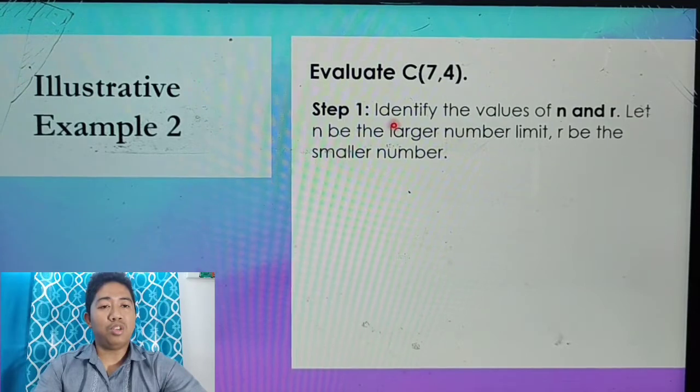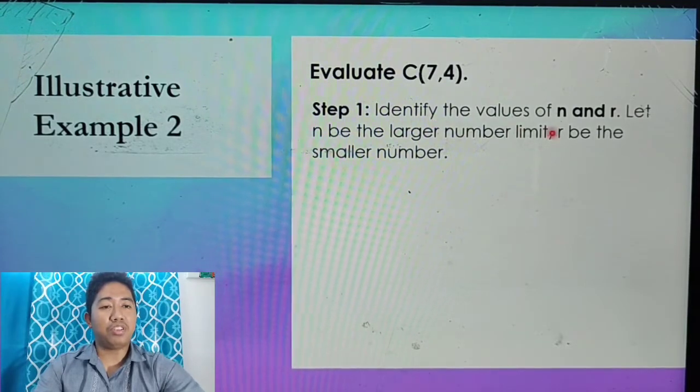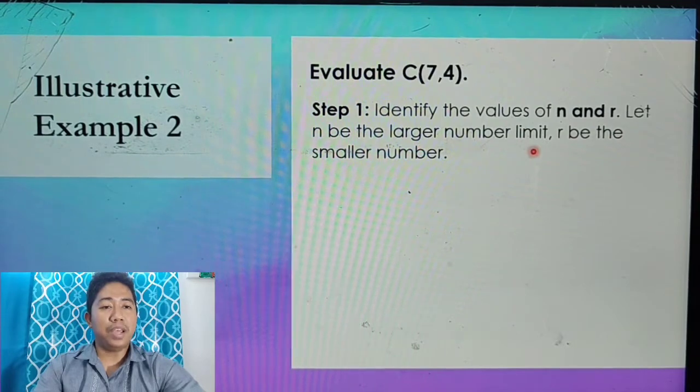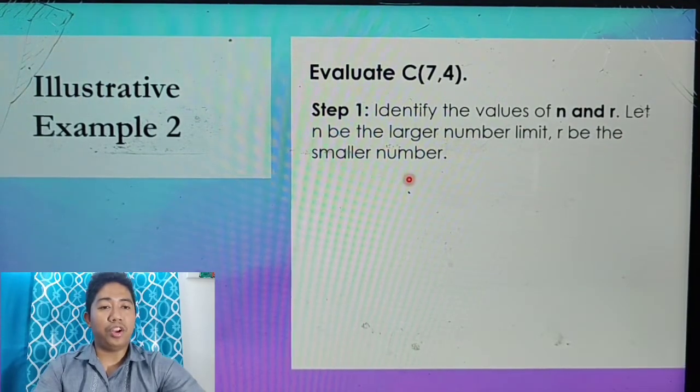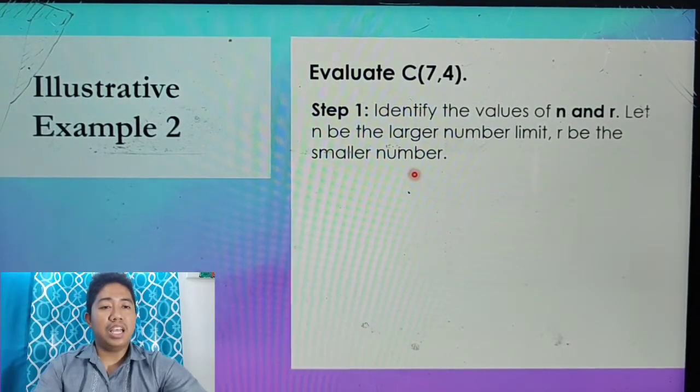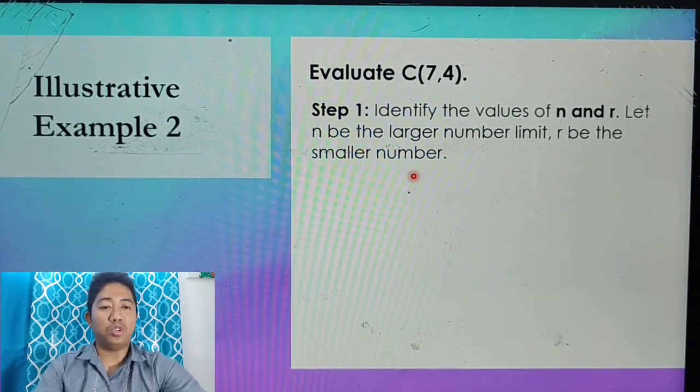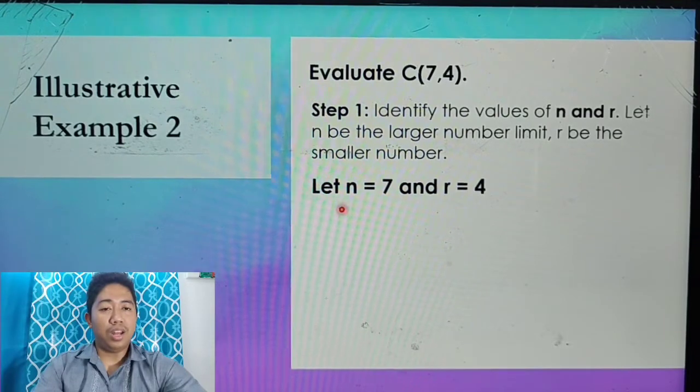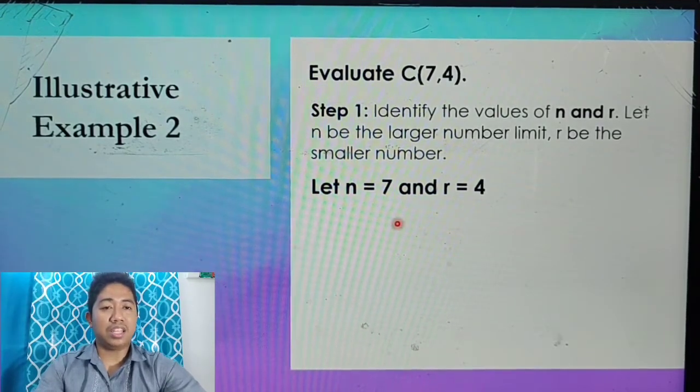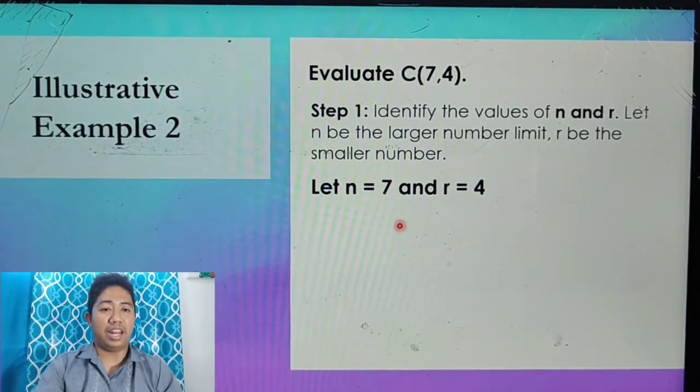Number 1, identify the values of n and r. Let n be the larger number and r be the smaller number. As I have said, the given condition is that the value of n is greater than or equal to r. So we let n equal 7 and r equal 4. So those are the values of n and r.